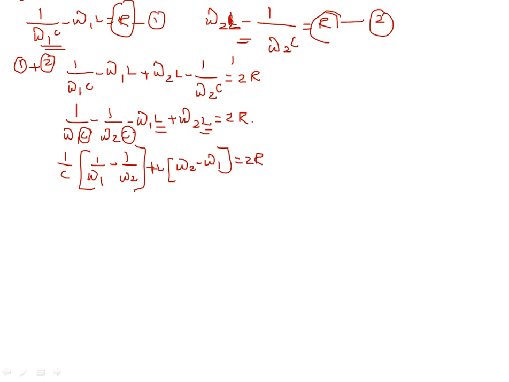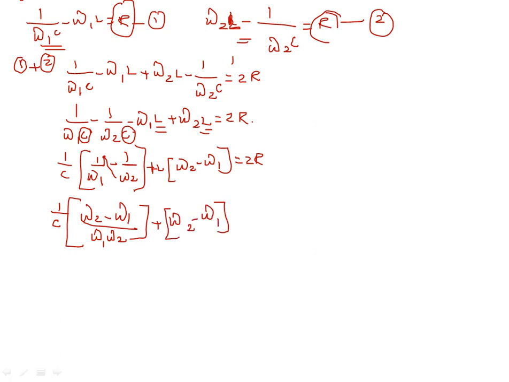Now take the LCM. 1 by C into, what is coming in the denominator, omega 1 into omega 2, multiplied by (omega 2 minus omega 1), plus L (omega 2 minus omega 1) should be equal to 2R. Okay, fine.